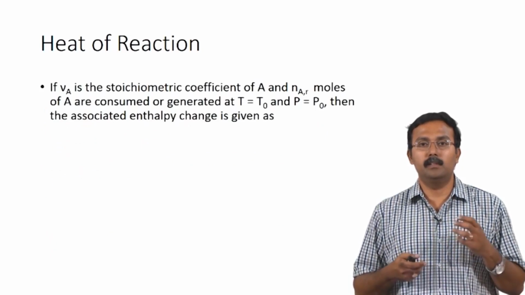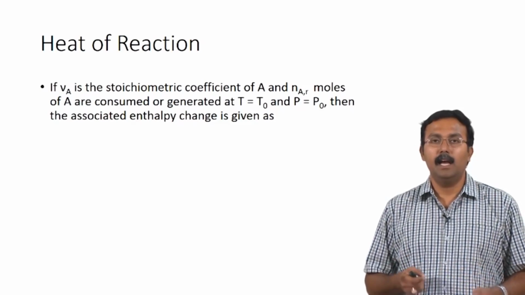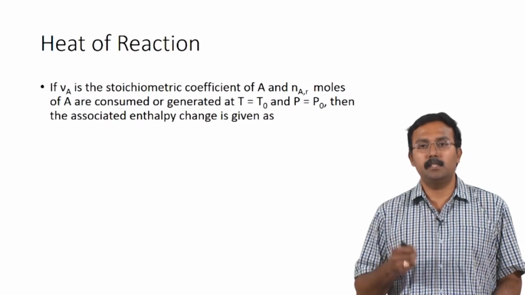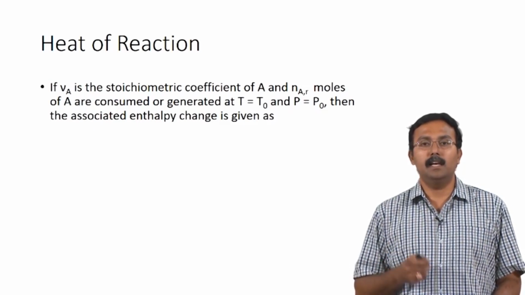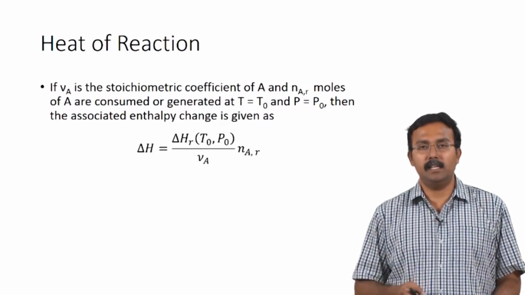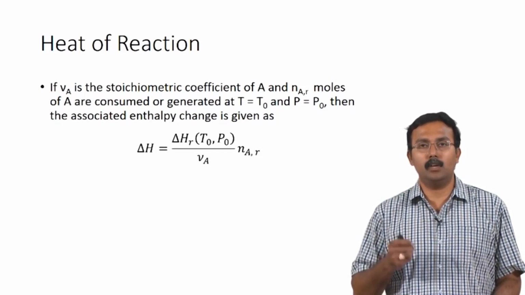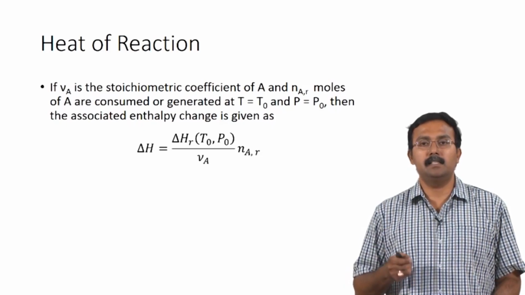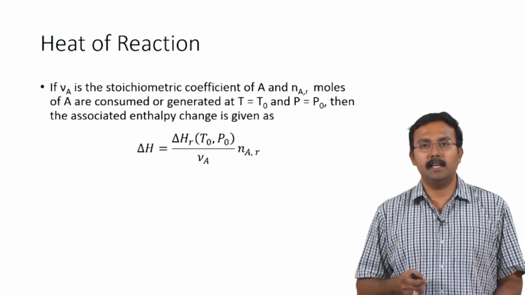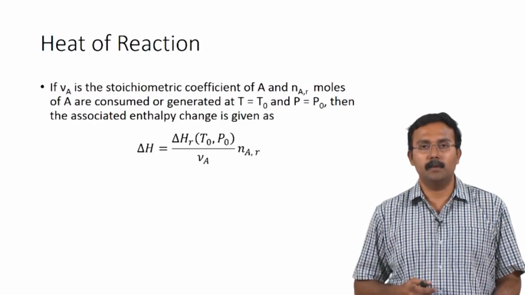So, if nu A is the stoichiometric coefficient of A and n_A^R moles of A are consumed or generated at temperature T naught and pressure P naught, then the associated enthalpy change is given as delta H equals delta H_R times n_A^R divided by nu A, where nu is the stoichiometric coefficient, n_A^R is the change in the number of moles of a component and delta H_R is the heat of the reaction. So, the total enthalpy change can be calculated this way.